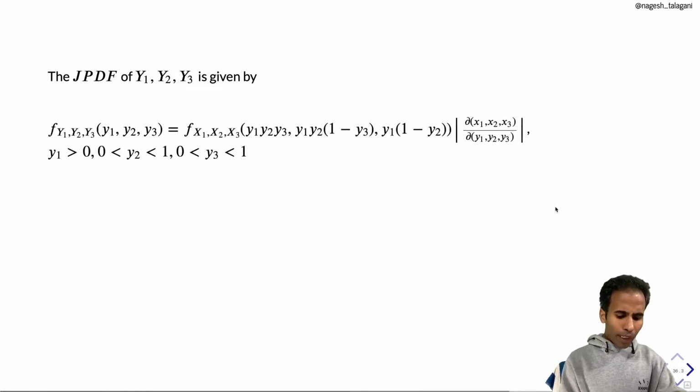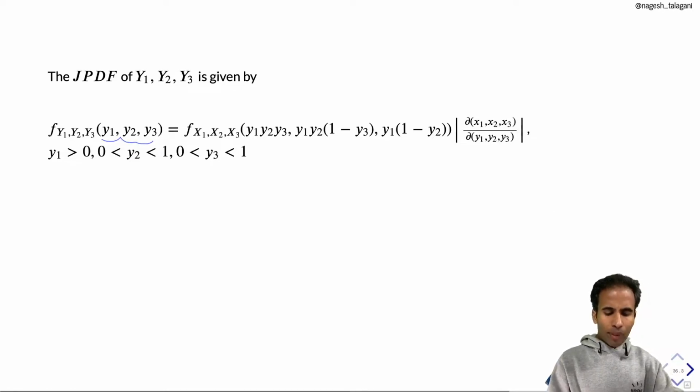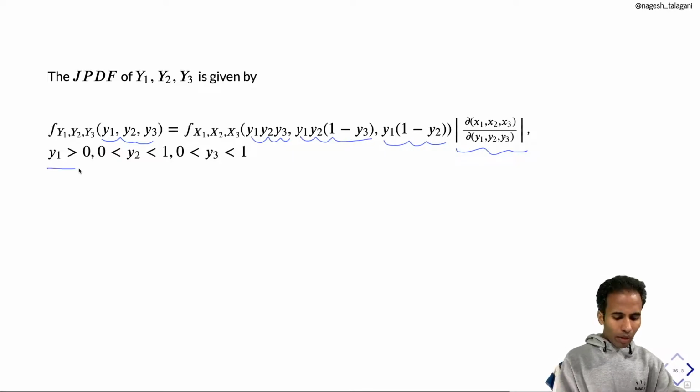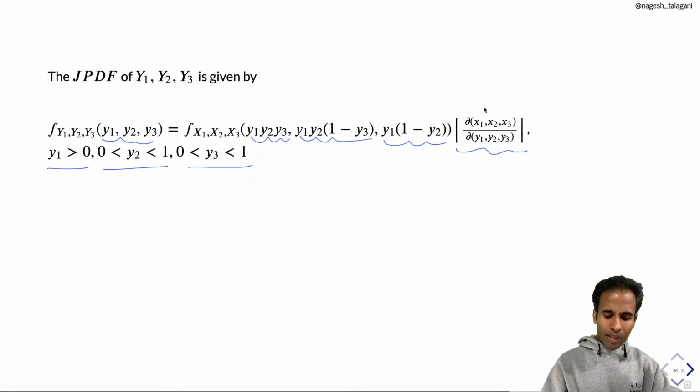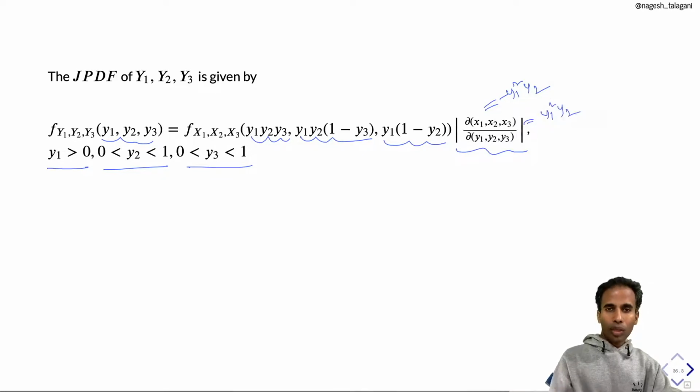The joint PDF of Y1, Y2, Y3 at y1, y2, y3 equals the joint PDF of X1, X2, X3 at (y1 y2 y3, y1 y2 times (1 minus y3), y1 times (1 minus y2)) times the modulus of the Jacobian, for y1 greater than 0, 0 less than y2 less than 1, 0 less than y3 less than 1. And the Jacobian that we got is minus y1 squared y2. So the modulus is y1 squared y2, because y1 is positive and y2 is positive.